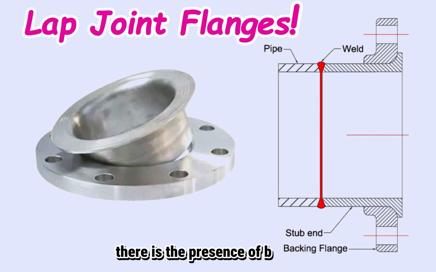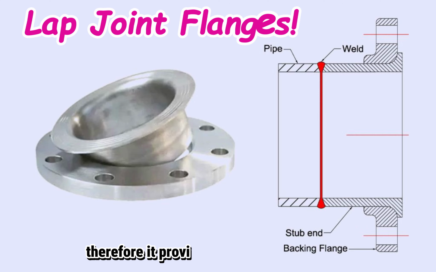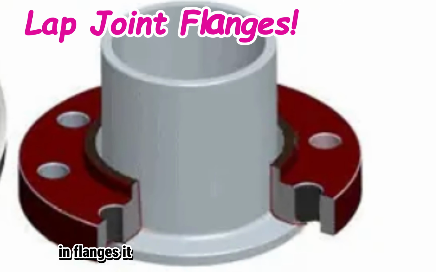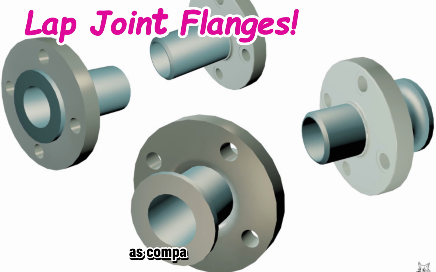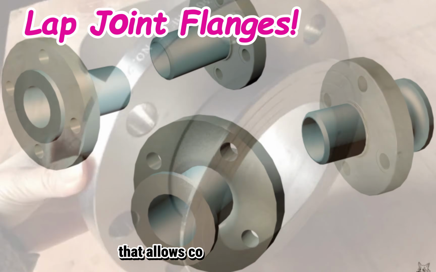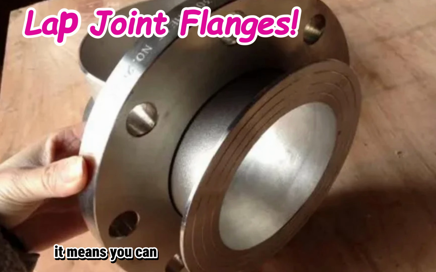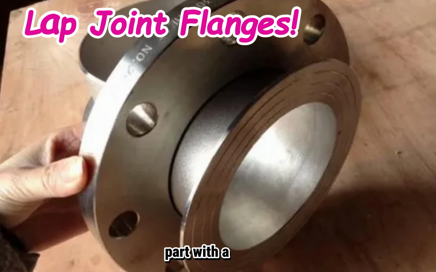There is the presence of a butt weld. Therefore, it provides better joining of pipes as compared with socket or threaded types of flanges. It is not suitable for a costly compartment with fabrications and a small size as compared to other flanges. Lap joint flange comes with a unique feature that allows connection flexibility. It means you can rotate the pipe freely at a connected part with a flange.